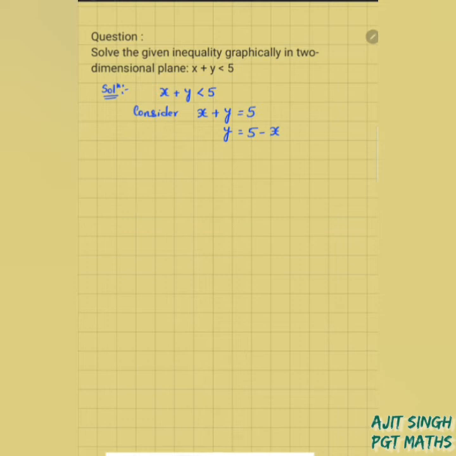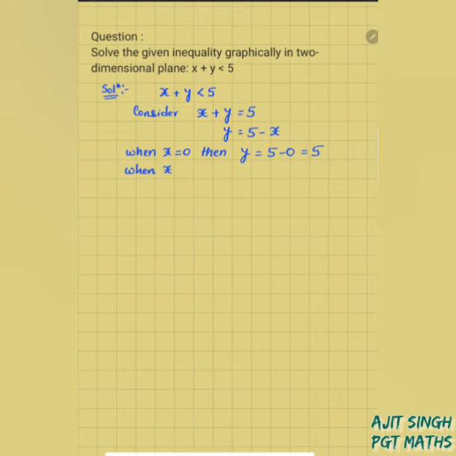You can choose any 2 values of x to put in this equation. When x is equal to 0, then y is equal to 5 minus 0 equal to 5, and try to take the value of x when y is 0.